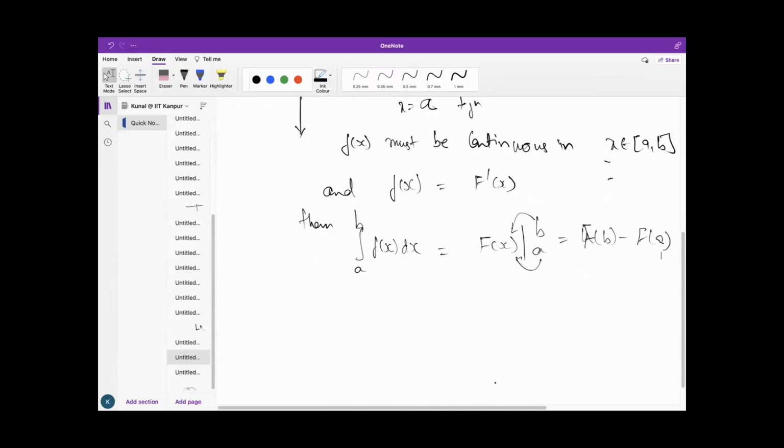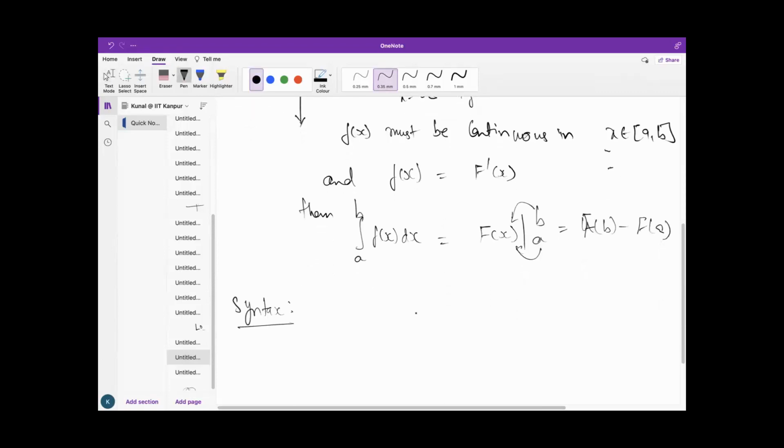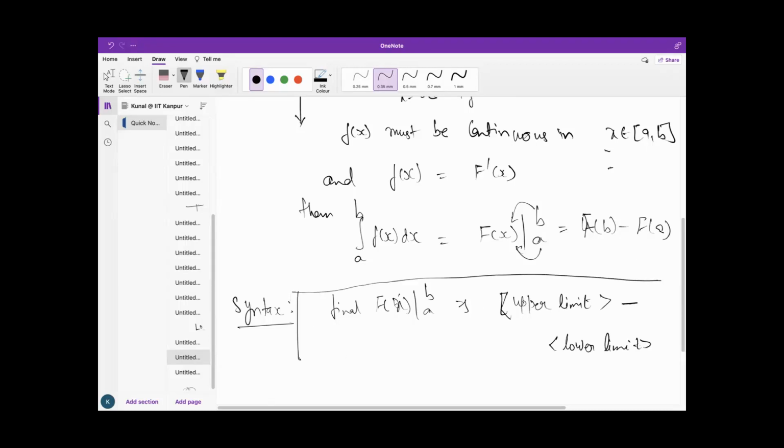So let me write the syntax here. The syntax is we have our final integral F(x), from a to b, so we have to write upper limit minus lower limit.